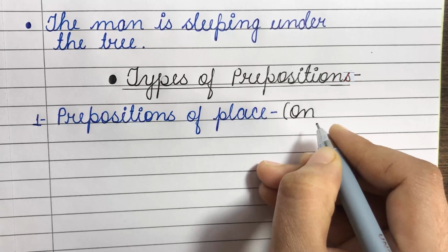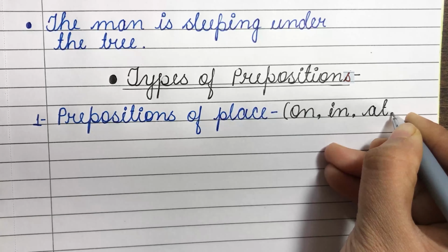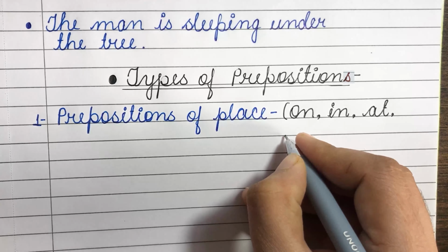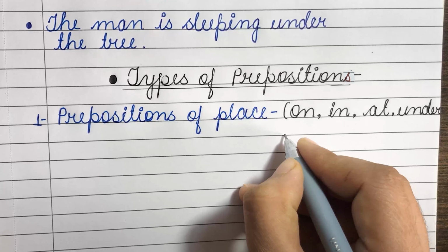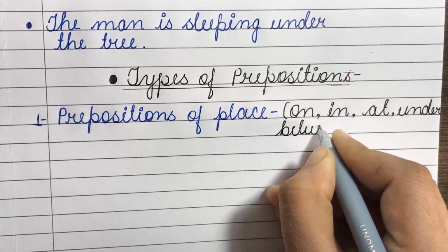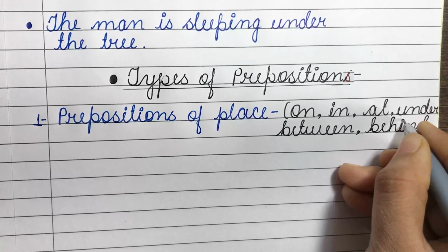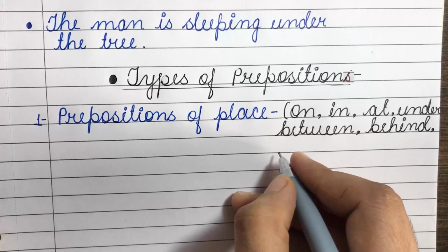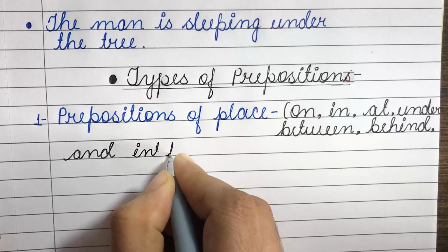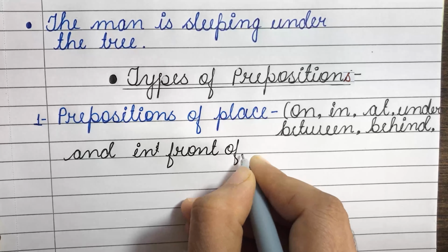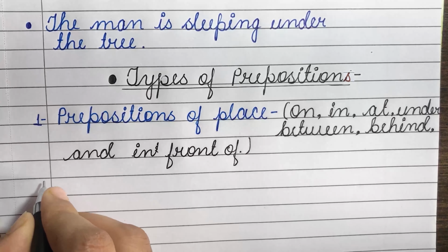Here are some examples of prepositions of place: on, in, at, under, between, behind, and in front of.